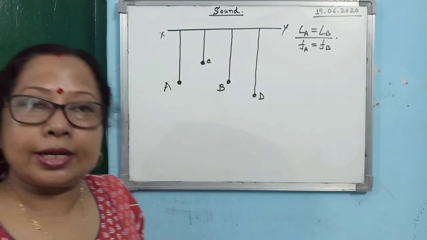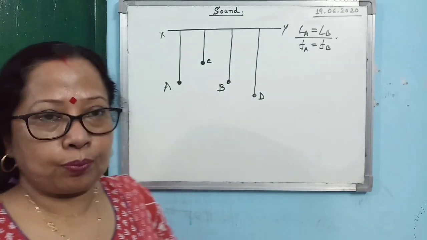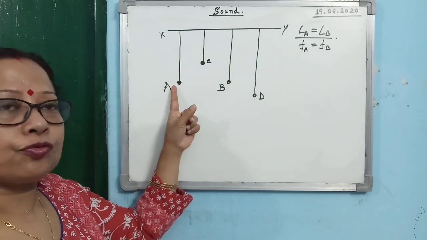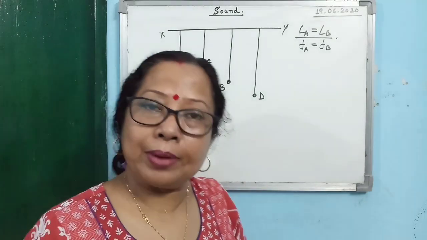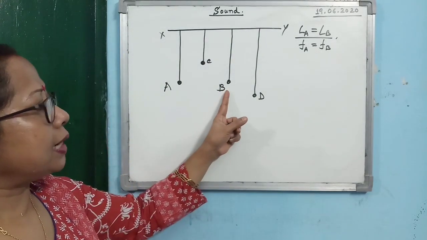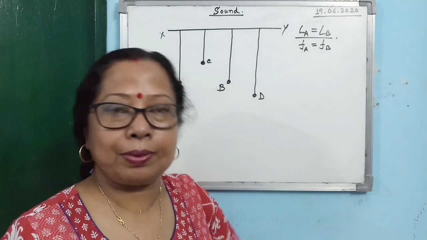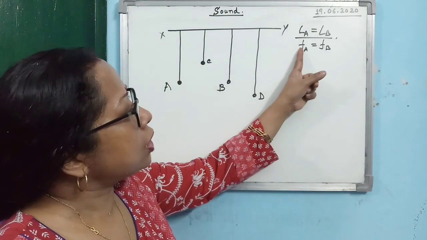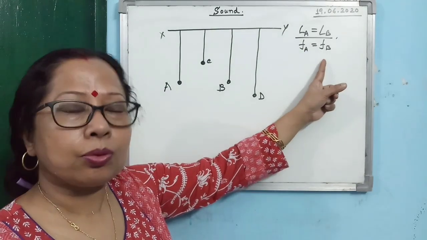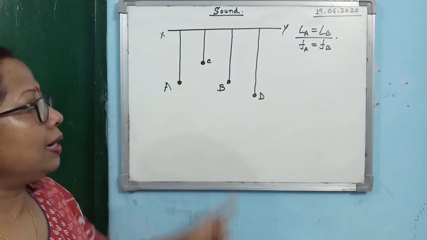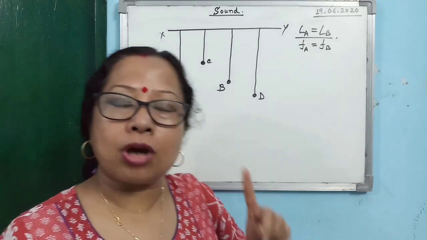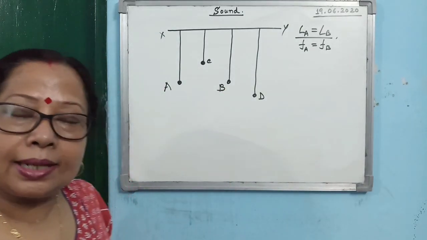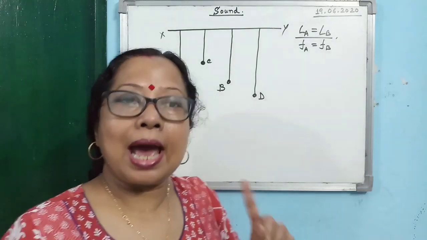Now why is it so? B is vibrating because A is forcing B to vibrate, so B is having forced vibration. But the frequency of A and the frequency of B are equal, so B will be in resonance and will vibrate with maximum amplitude.